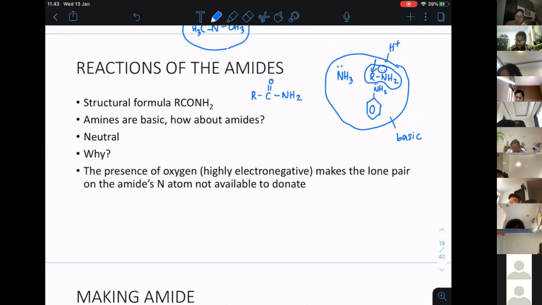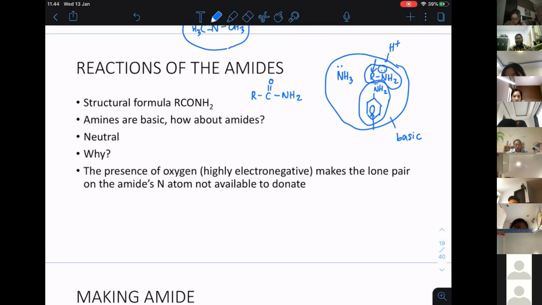But if you compare with phenylamine, the lone pair at that nitrogen will go and enter the benzene, and they will become delocalized and stabilized with the pi system over here. The electrons are going to enter the ring of the benzene.